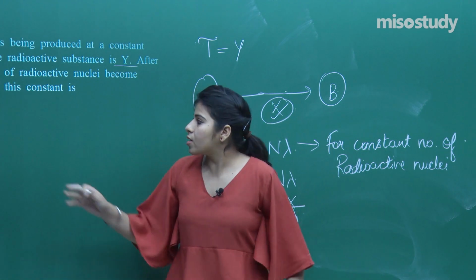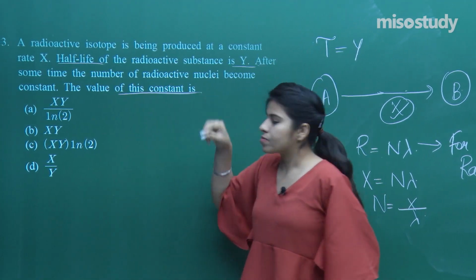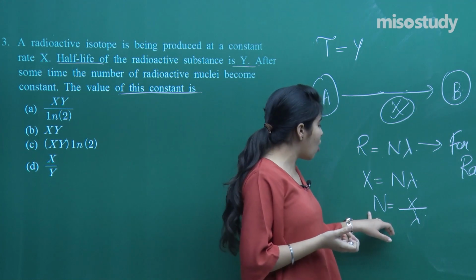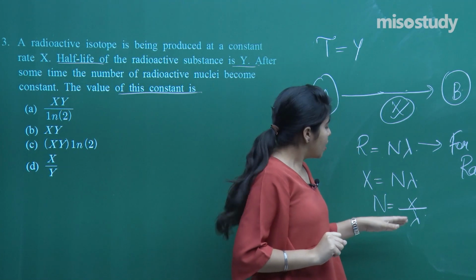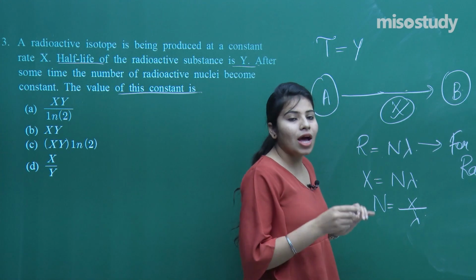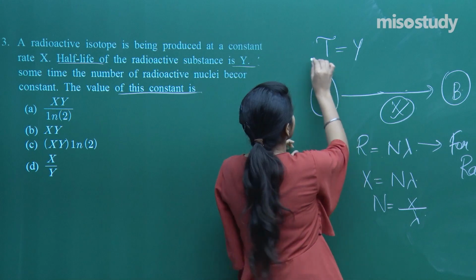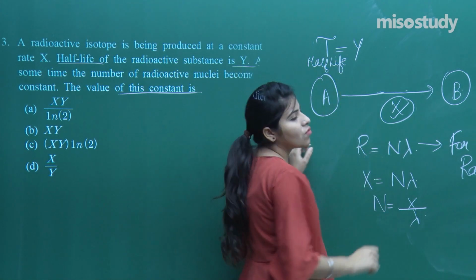What do we have to find in the question? What is the value of the constant? To find this value, basically we are finding the number of atoms that are constant over here. So x by lambda. Now we have been given the half-life as y.